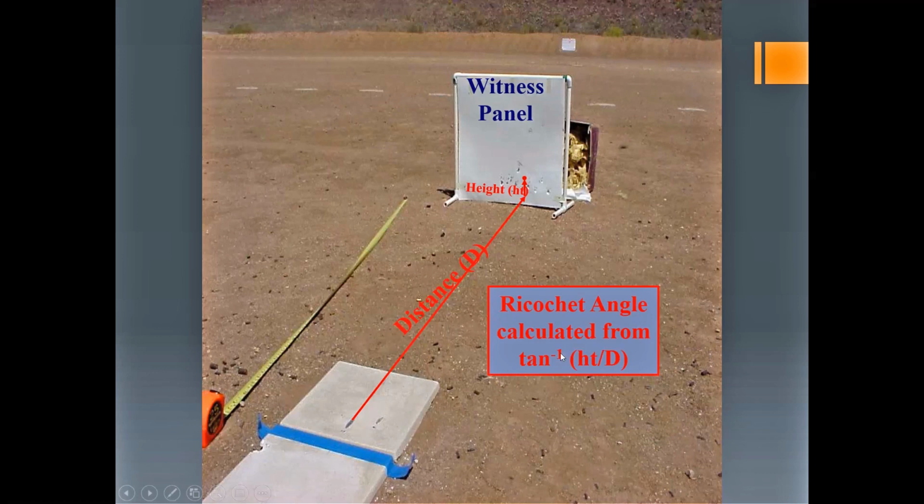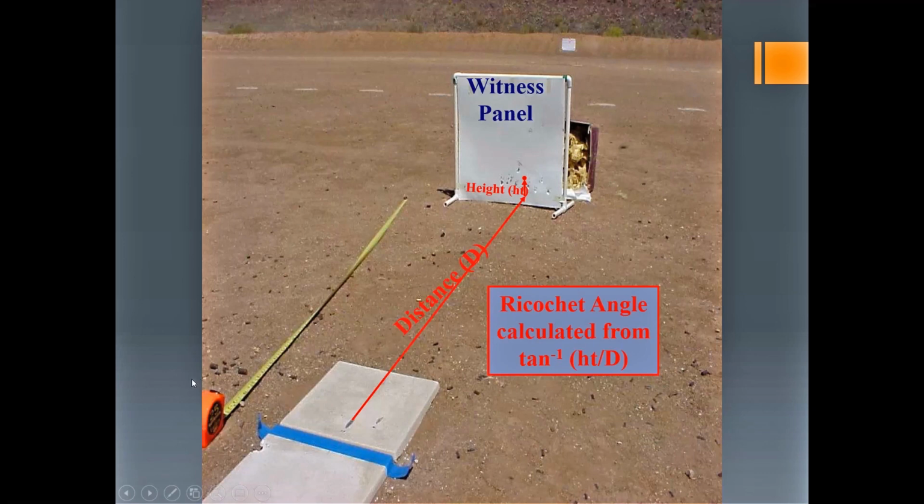So we don't really use that one. We use a tangent and we use the sine. So we have tangent is TOA, opposite over adjacent, right? So if I take this measurement and divide it by this measurement, and I take the arc tangent of that, that's going to give me my ricochet angle, right?